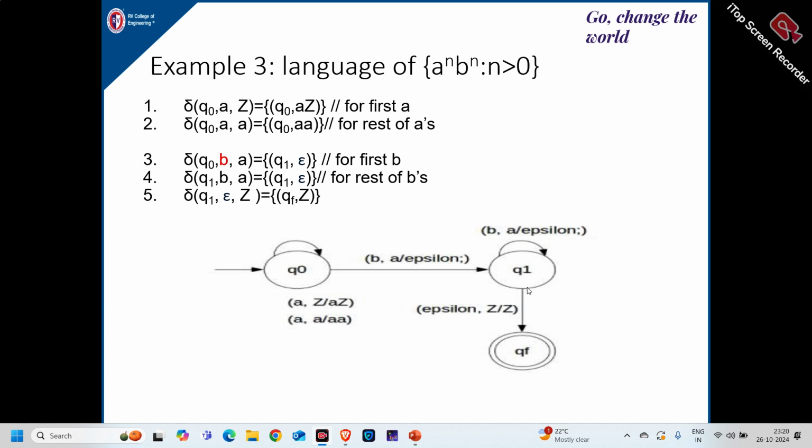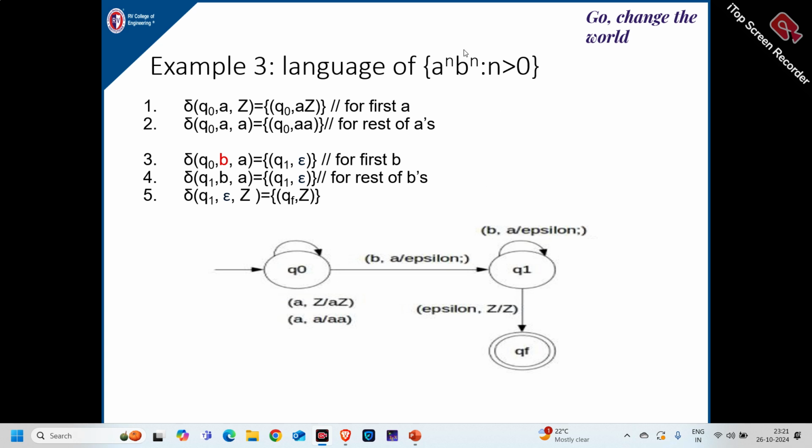So the delta of q1 on epsilon with a on top is not defined, which means that for whichever configuration my machine has not been defined, the string is rejected.